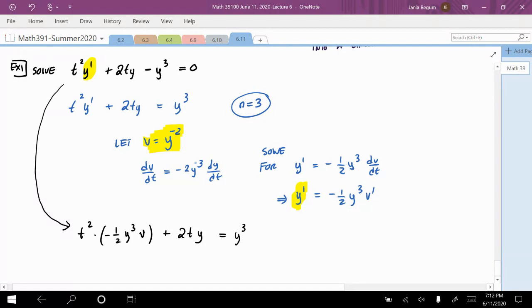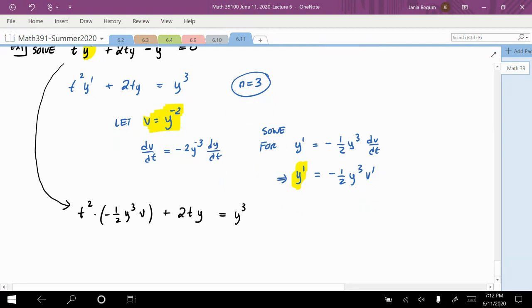So that's the step we get after we substitute into our original equation. Now let's simplify this. If I simplify it, I have negative 1/2 t squared y to the third v prime plus 2t y equals y to the third.